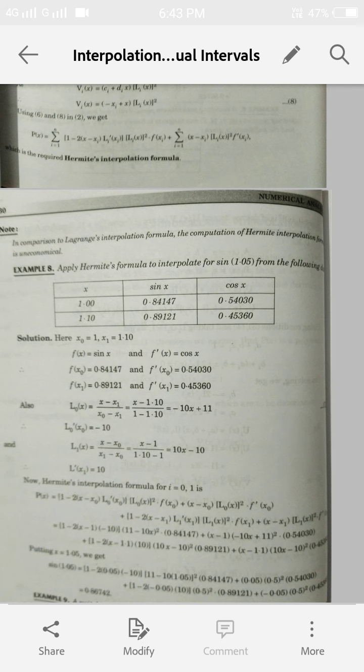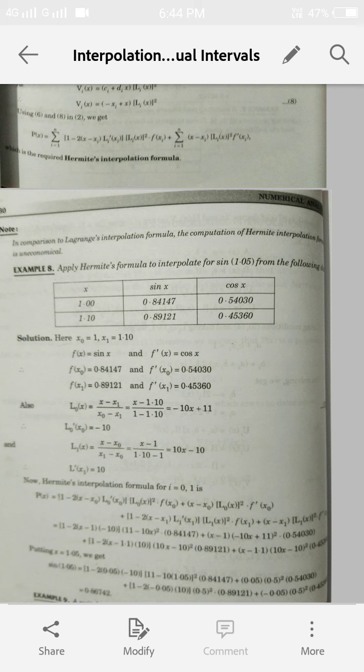So this problem we can solve like this. Here we are to apply Hermite's interpolation formula to find the value of sin 1.05, and we are given the values of sin x and cos x, and we know that the derivative of sin x will be cos x. So we are given the values of the function and its derivatives at 1 and 1.10. So we take x0 as 1 and x1 as 1.10. Here the function is sin x and its derivative is cos x.